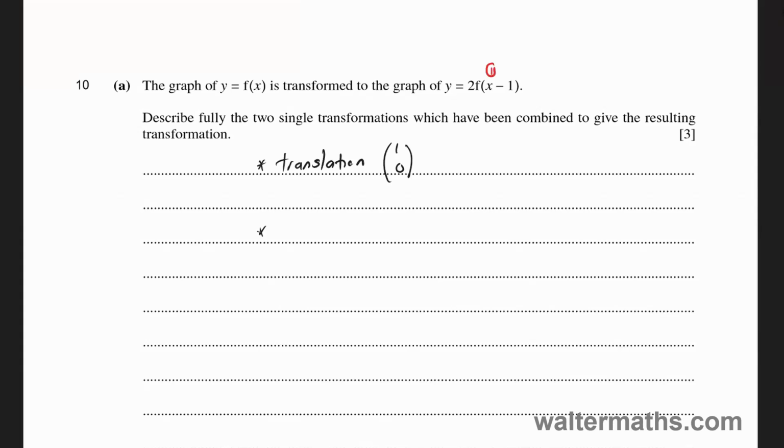The second transformation, number 2, is what's represented by 2, which is a stretch. So I would say a stretch parallel to the y-axis, and the scale factor is 2.